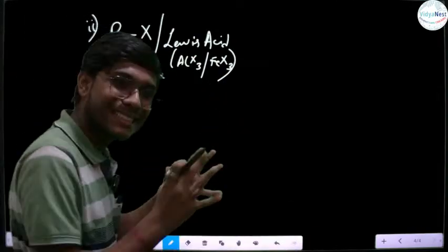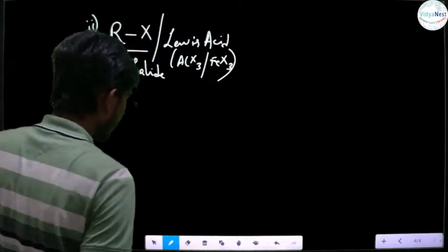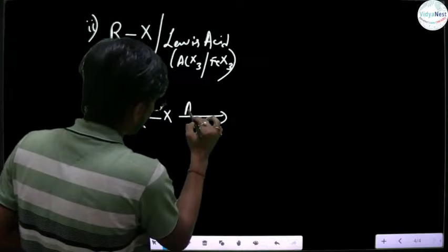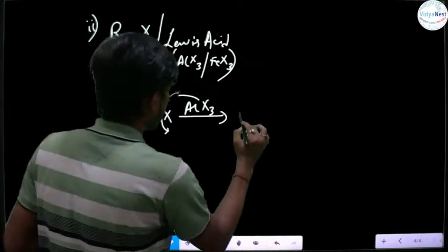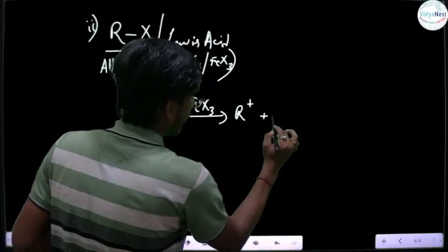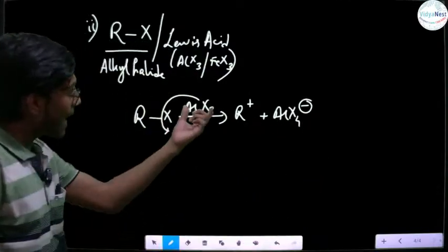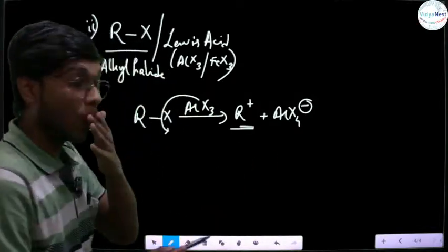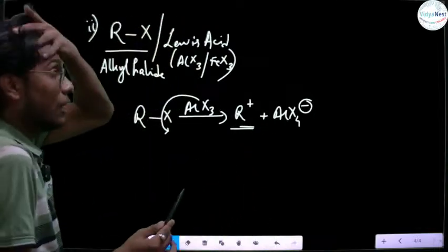The action is exactly the same as we have shown in the halogen case. So how will it act? Suppose we have this RX, AlX3 comes, it being a Lewis acid, it takes away this X, so this becomes R plus and AlX4 minus again. So again, the action of AlX3 was just to take away this X and form the carbocation. Often questions come: why had we taken this Lewis acid over here?